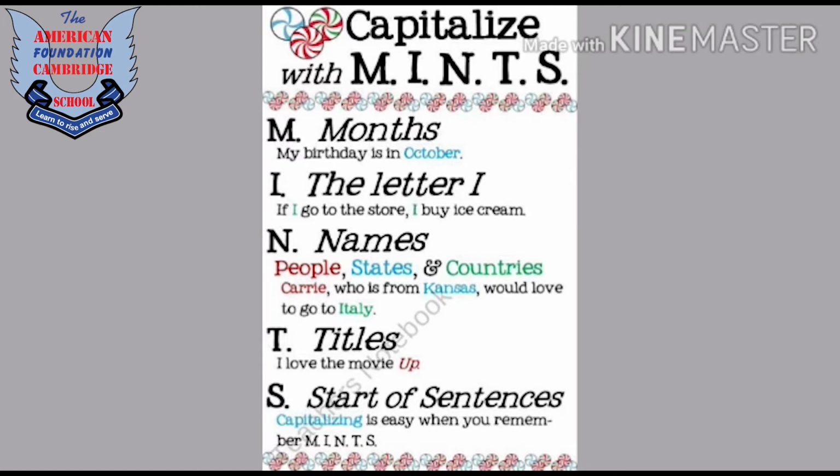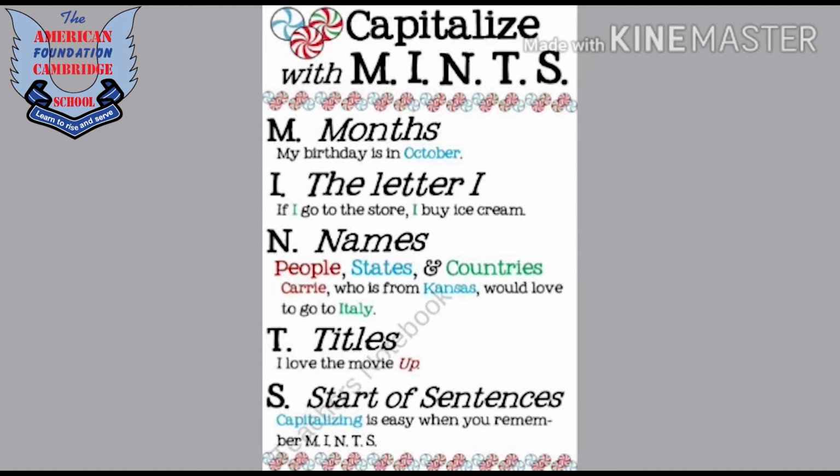Then it says states. We don't have states here, we have provinces and cities. Whenever you write the name of a province or a city, you will always begin it with a capital letter, never a small letter.